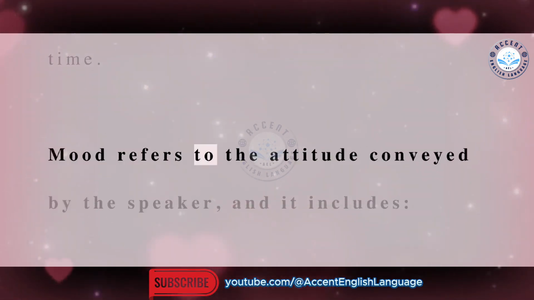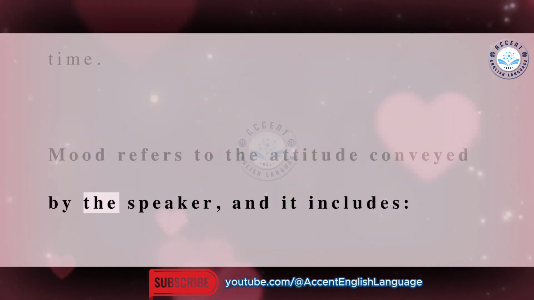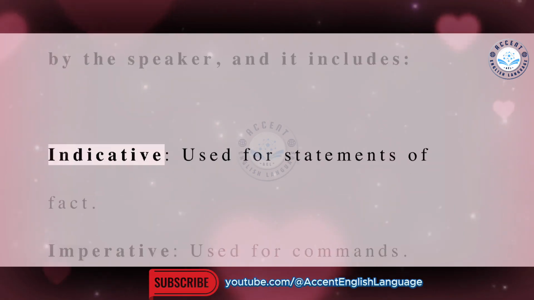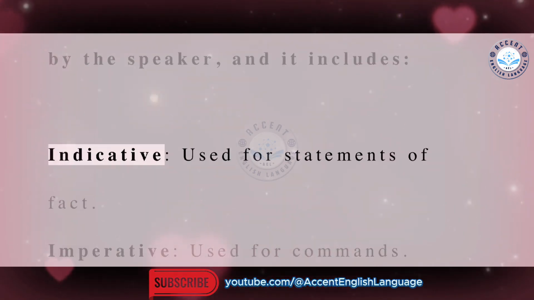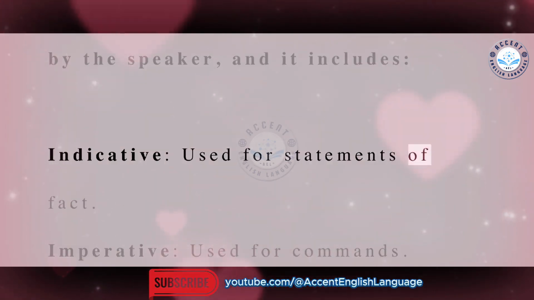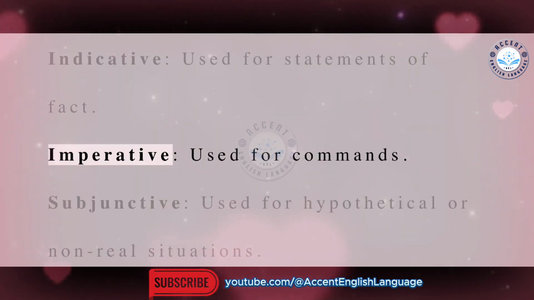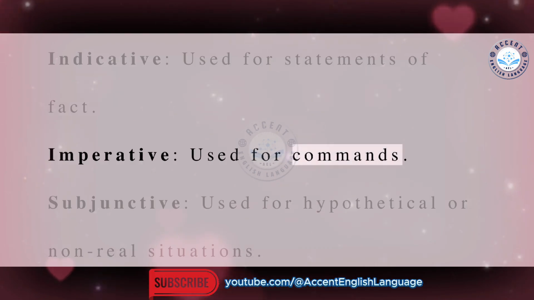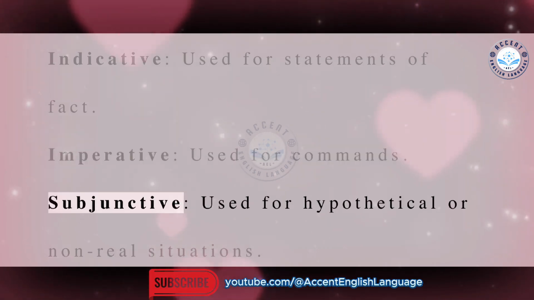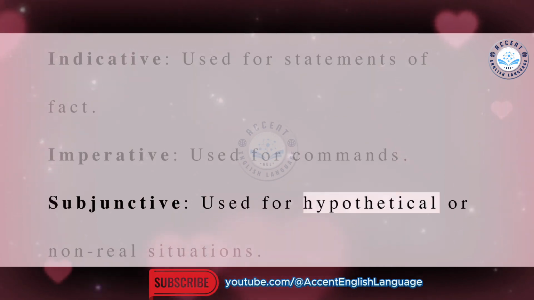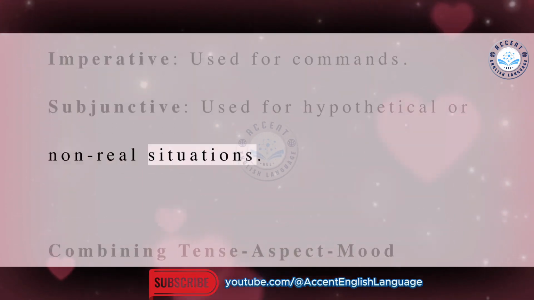Mood refers to the attitude conveyed by the speaker, and it includes indicative, used for statements of fact; imperative, used for commands; and subjunctive, used for hypothetical or non-real situations.